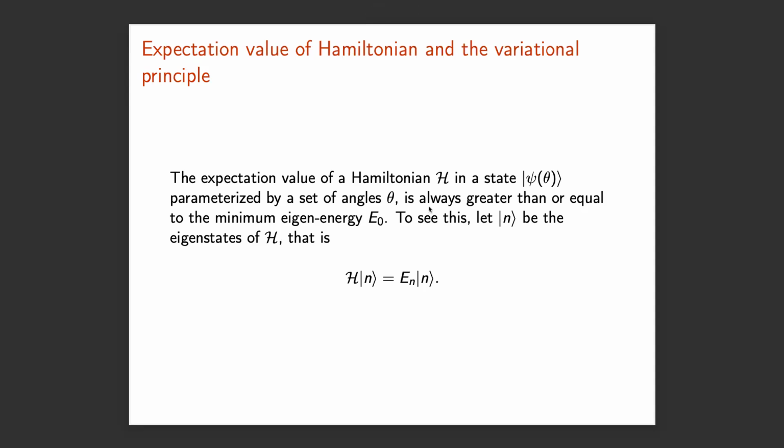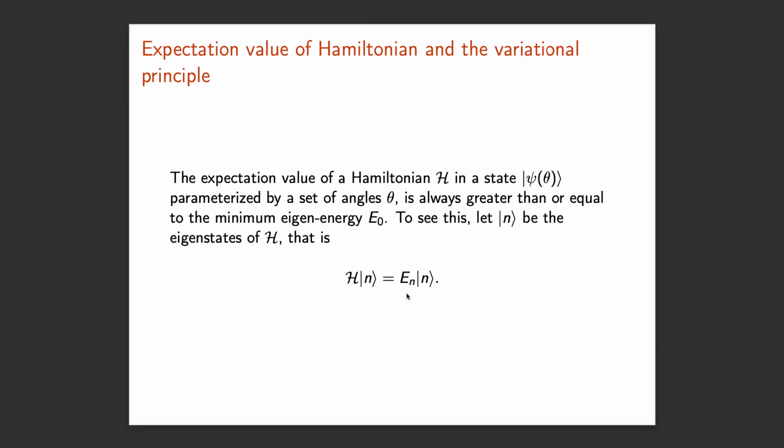So if you think of the expectation value, your system is going to be in a state phi, and we know that these are the parameters. And if we now have n as the eigenstates of H, we know that this relation holds true.